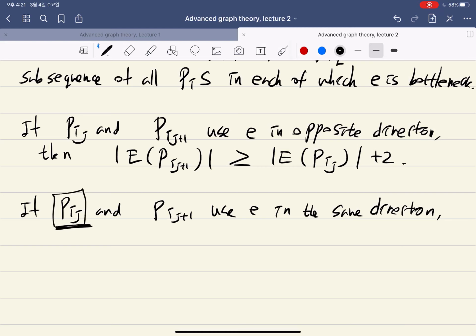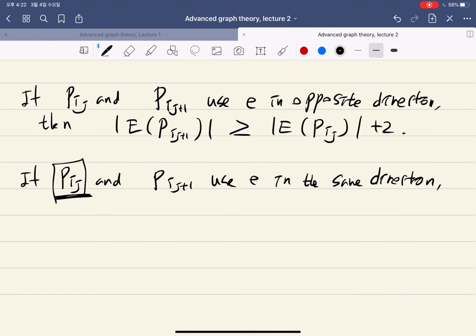When we augment by this, E ends up having the value either 0 or the full capacity. And then there are other paths we augmented in between, and right before we are doing this augmentation, it's again a bottleneck edge with the same direction.